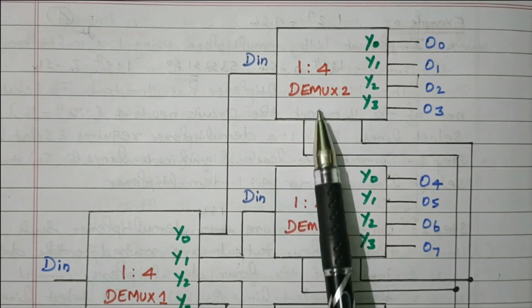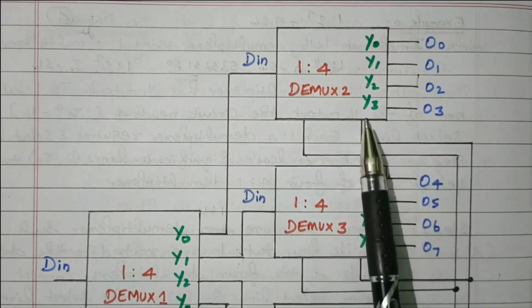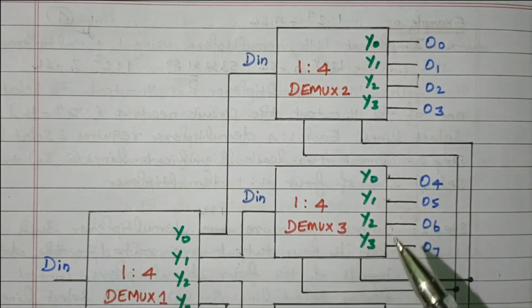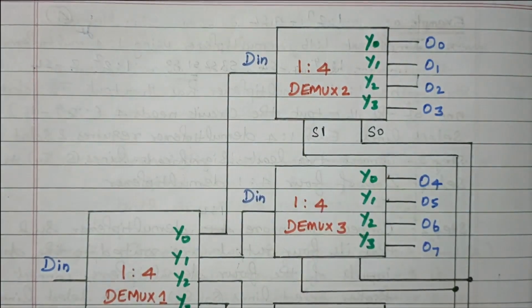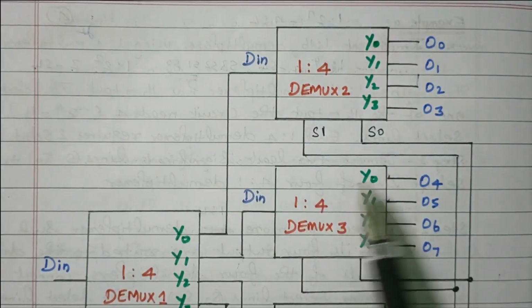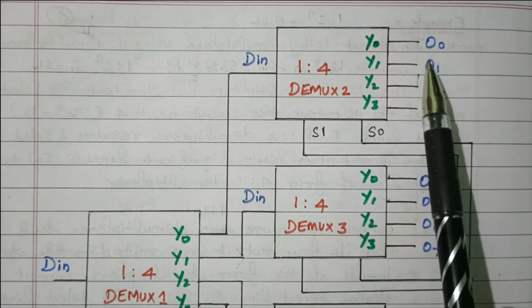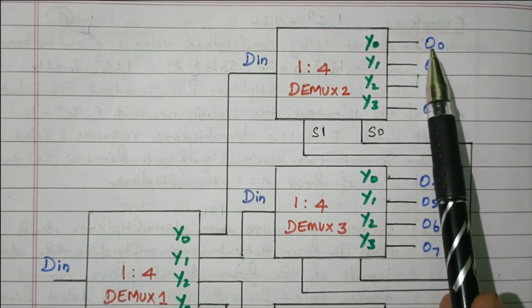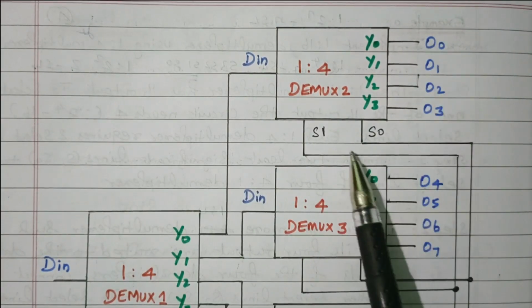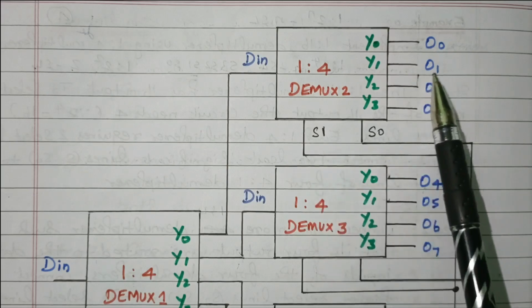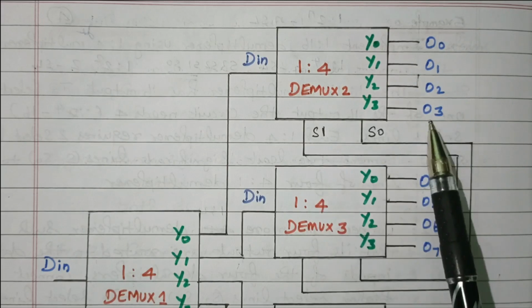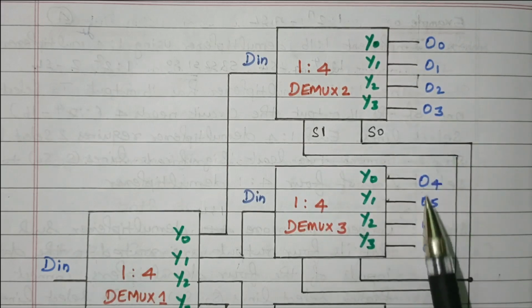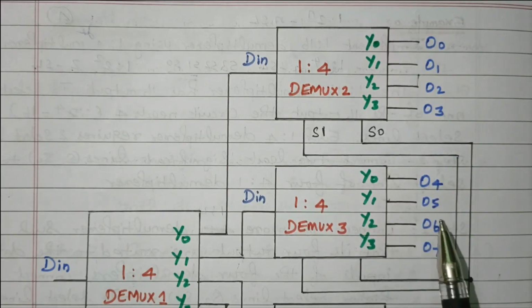In this, again, we have 2 selection lines available. These 2 are nothing but S0 and S1. They are connected to all the dmux. The selection lines are connected to all. Here 0 0 means the first output D0 will be enabled, 0 1 means D1 will be enabled, 1 0 means D2 will be enabled, and 1 1 means D3 will be enabled, and all the remaining are zeros, right?